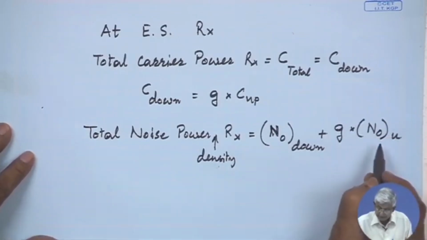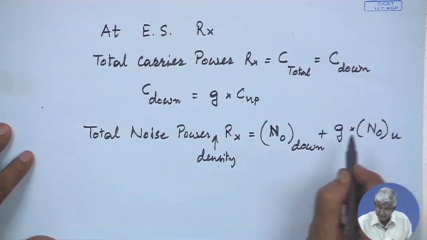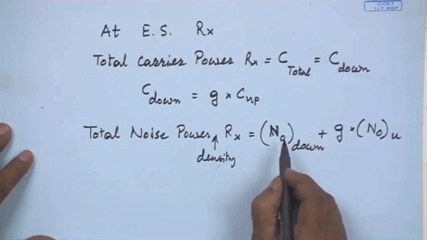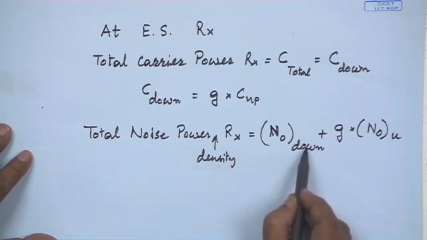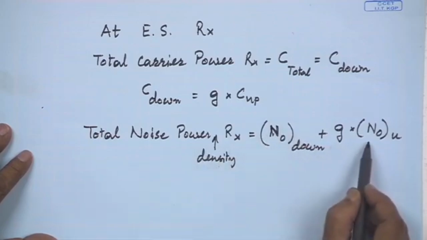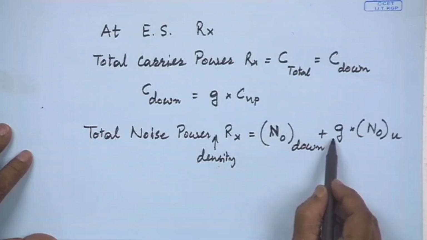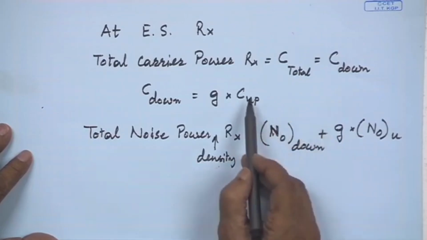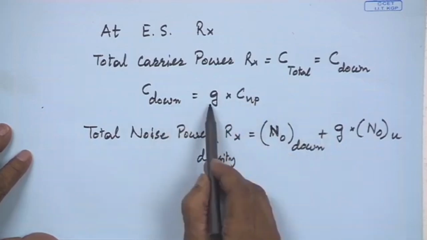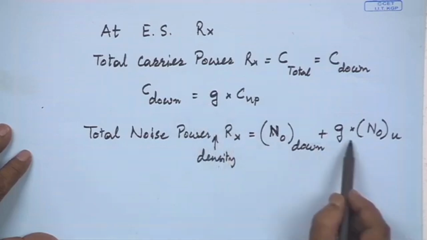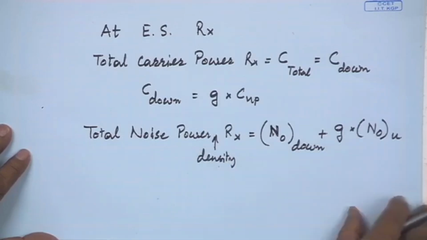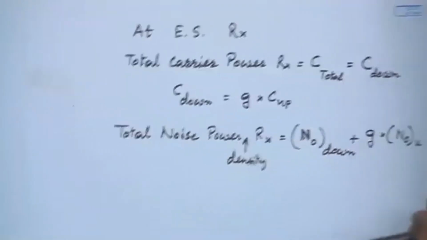That means that the uplink noise is amplified and coming down. The received noise is not only the downlink noise; the noise from the uplink is getting amplified and coming down. Though we are getting the advantage of the carrier power getting multiplied by the gain, the downlink noise power plus the uplink noise power multiplied by the gain is coming down. So, let us see the resultant, what really happens.